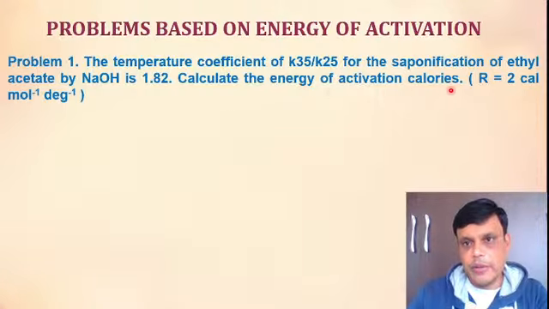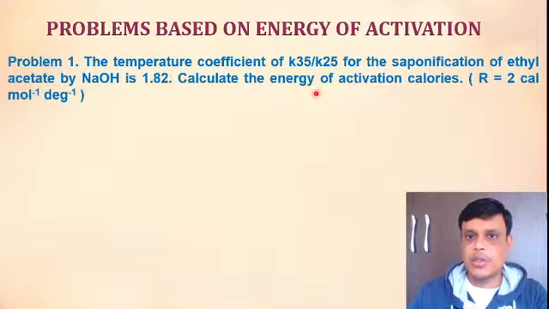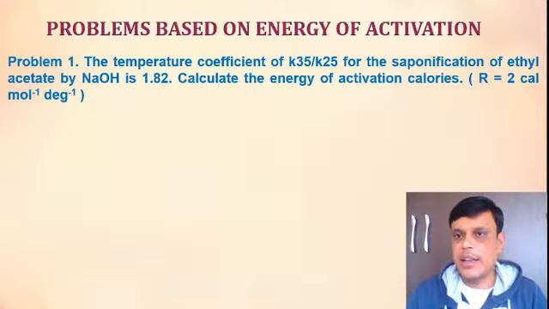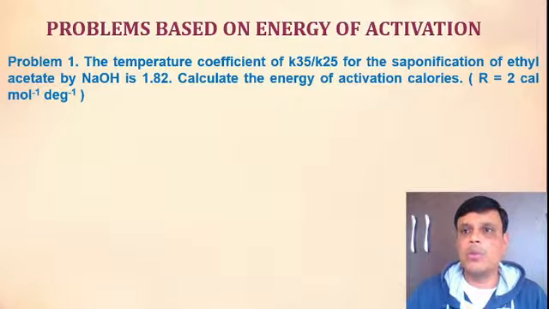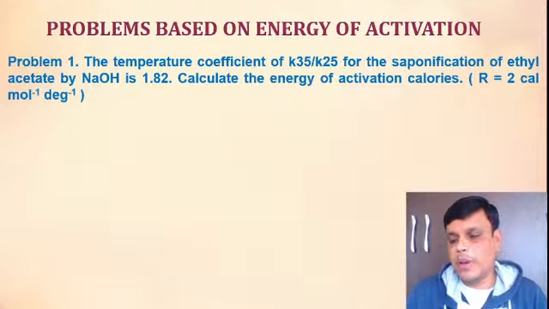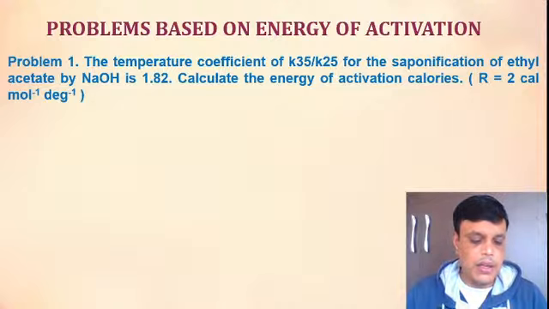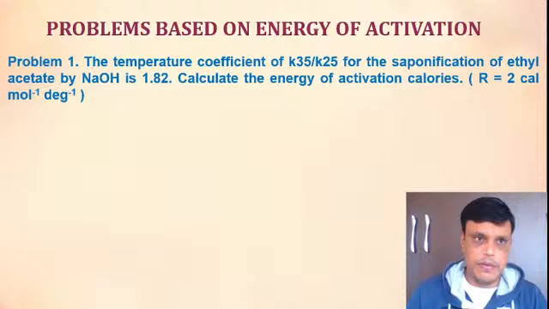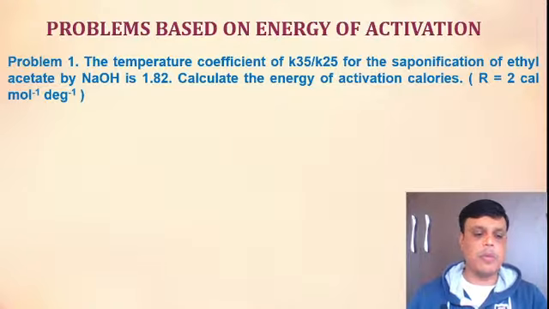Calculate the energy of activation in calories. You have been given R, the gas constant, 2 calorie per mole per degree. So write down this problem and tell me the given. First you have to write what is given. So this is your problem number 1.